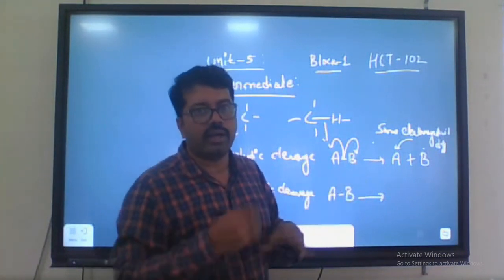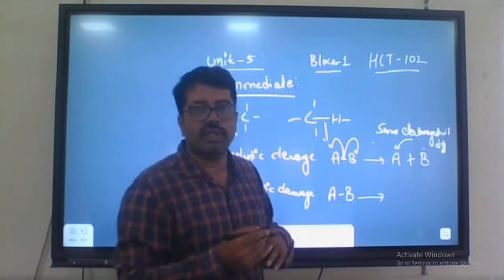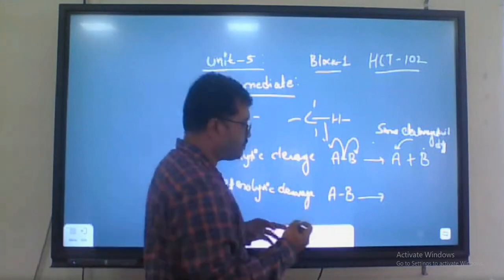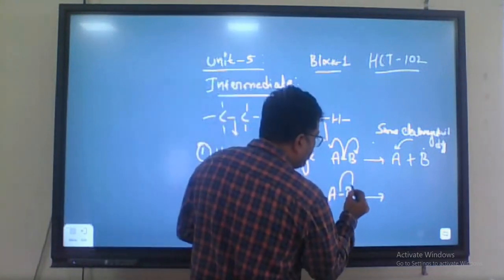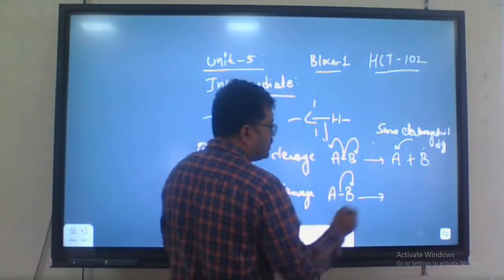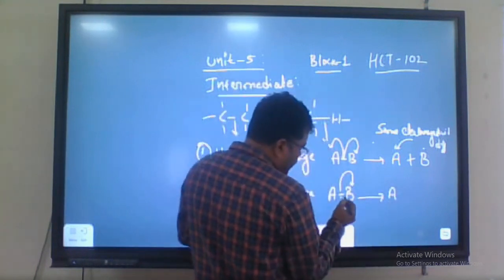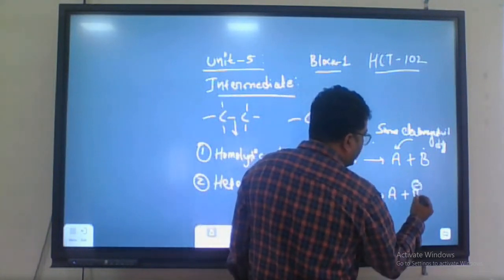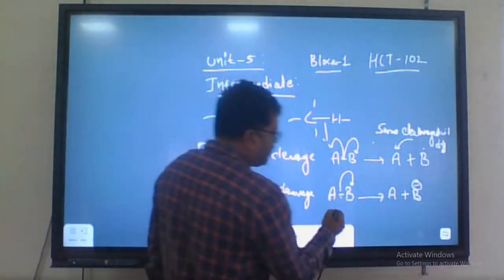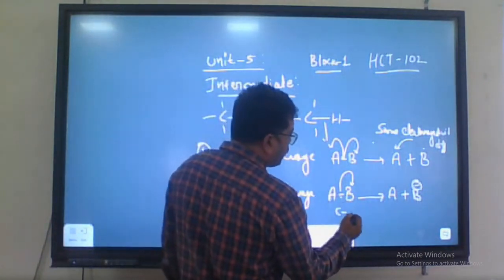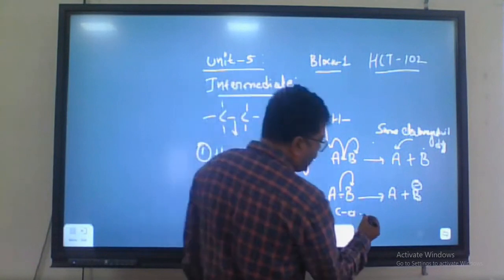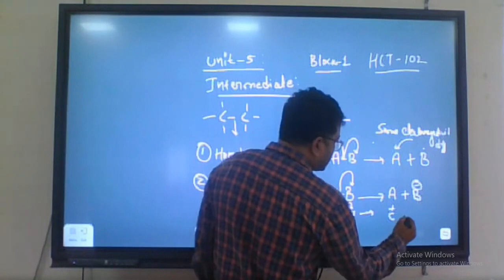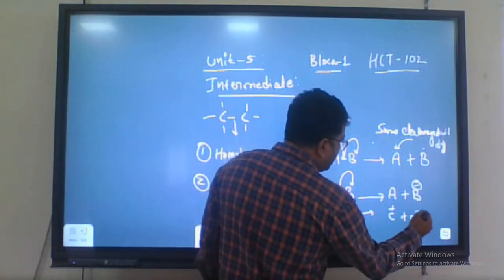The bonding pair of electrons goes with the more electronegative atom, and the other is left positive. For example, chlorine is highly electronegative. That's why the pair of electrons shifts towards chlorine. It carries a negative charge and carbon carries a positive charge.